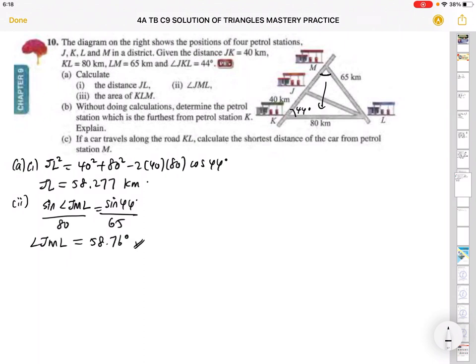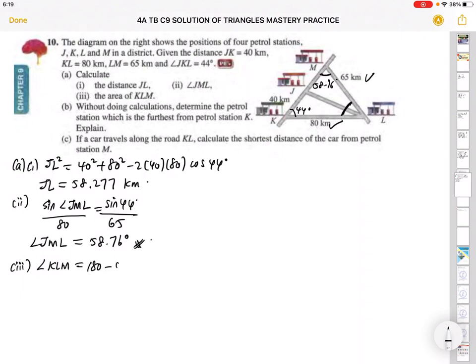Next, Roman 3. I want to find the area of triangle KLM. So I need to find angle KLM first, because I know this length, I need to find this angle, right? To find this angle, I already know these two other angles. Let me label this one more time. It's not difficult. I already know this is 58.76. So angle KLM is 180 minus 44 minus 58.76.